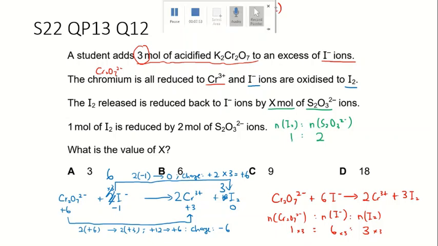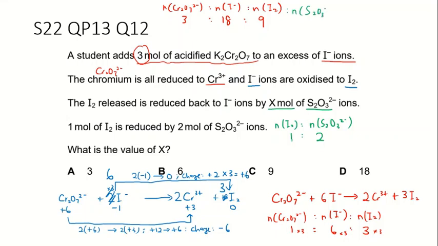But in this experiment, we are using 3 moles of dichromate ions. So that means the amount of iodide being oxidized by 3 moles of dichromate ions will be 18 moles, and 18 moles of iodide will form 9 moles of iodine.